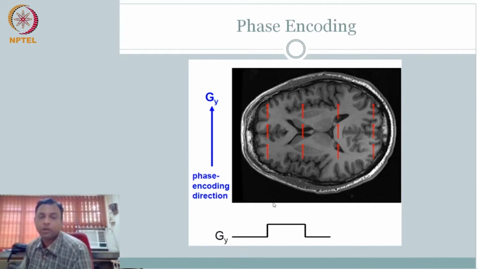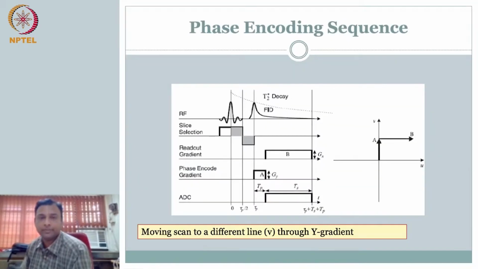More importantly, we want to put everything in terms of the sequence. So no issues here. I did RF, I do slice selection, that is your Z gradient, refocusing, and I get my signal. But notice I am not recording the signal yet.